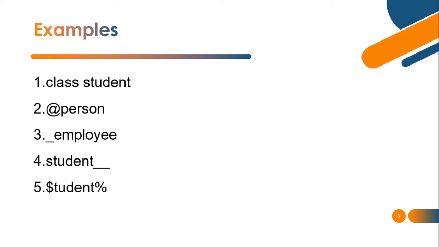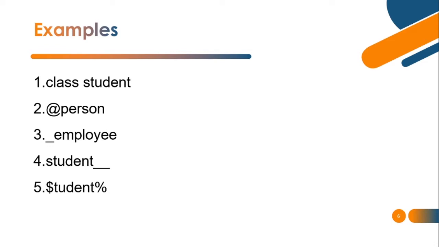Number 1, in this case, since it is declared as a class, dapat yung first letter niya is capitalized. So dito, small letter yung first letter niya. So wrong. Kailangan capital ang first letter ng class type na identifier.